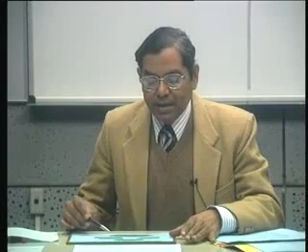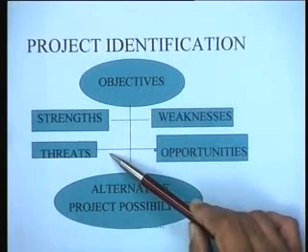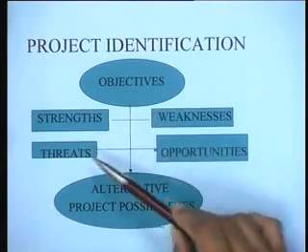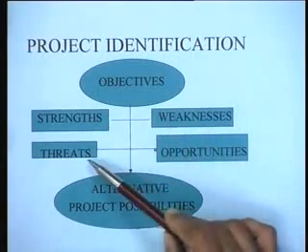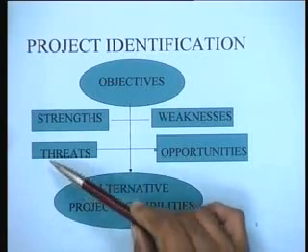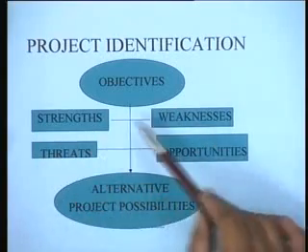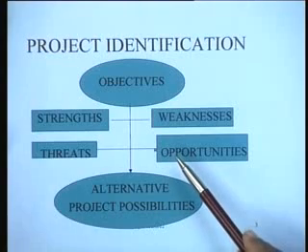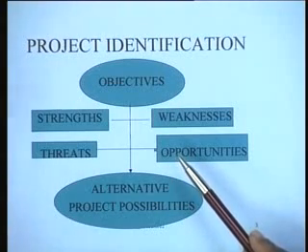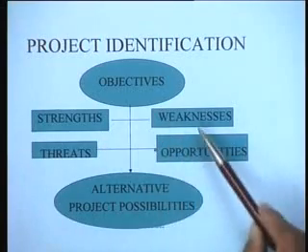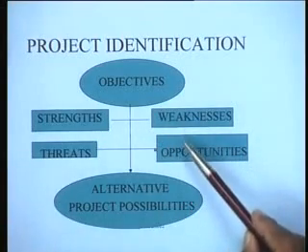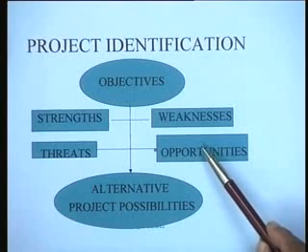So you look at the opportunities and threats. So essentially what we are trying to do is, we are looking at the strengths, weaknesses, opportunities, and the threats. So we are doing what is known as a SWOT analysis, right? It's a process of looking within and a process of looking outside to identify these so that you can choose the right kinds of projects.